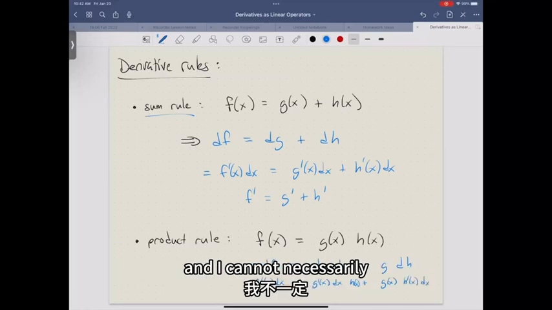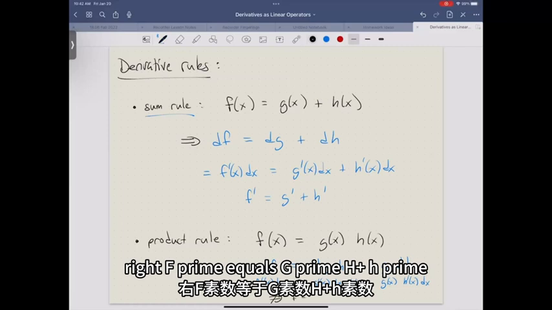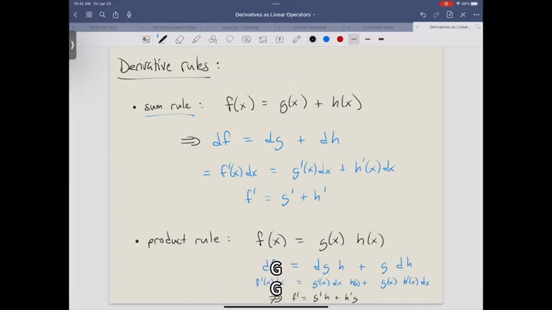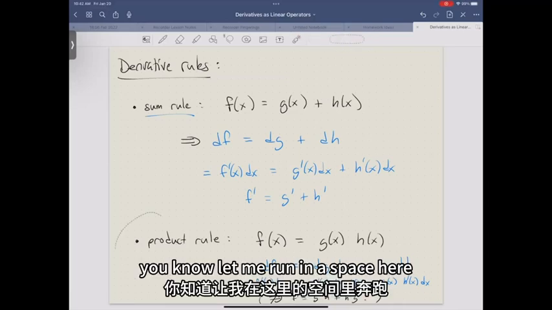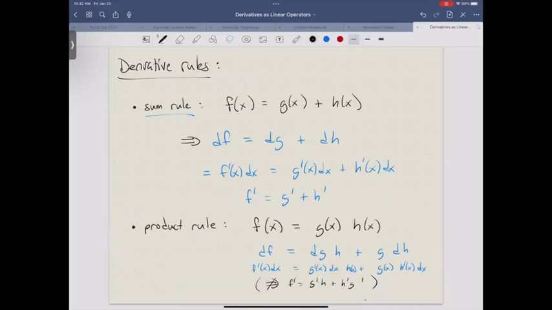And I cannot necessarily write f prime equals g prime h plus h prime g, because I can't commute. I'm running out of space here. Why can't I do that?